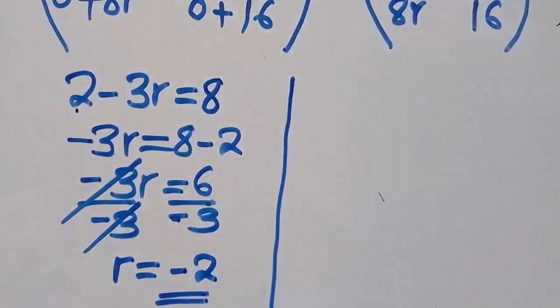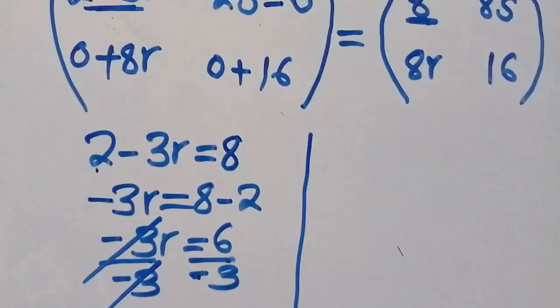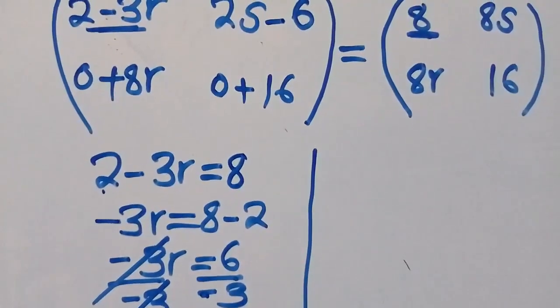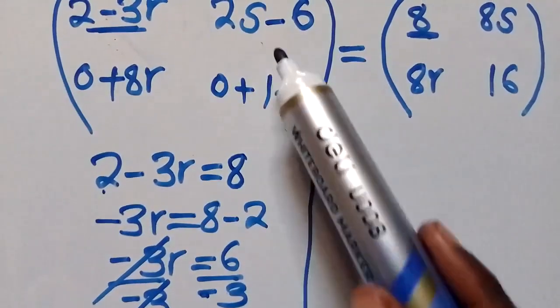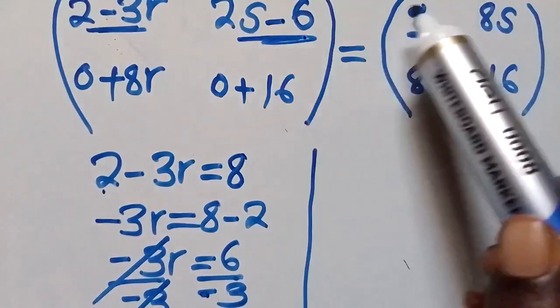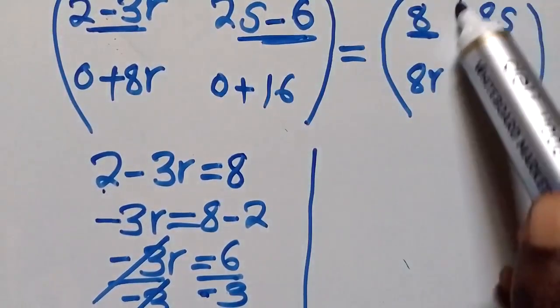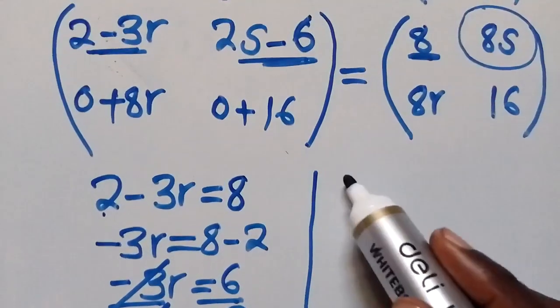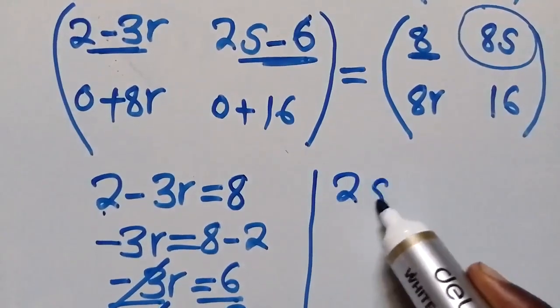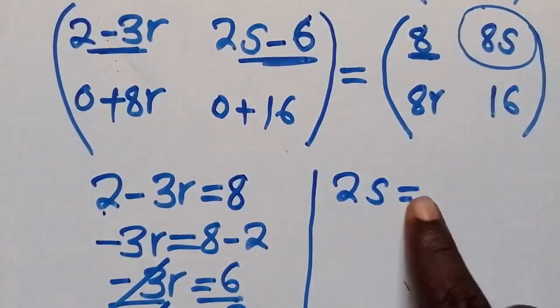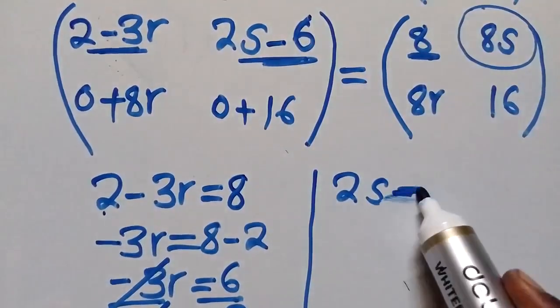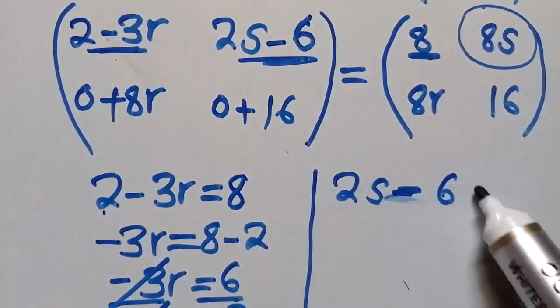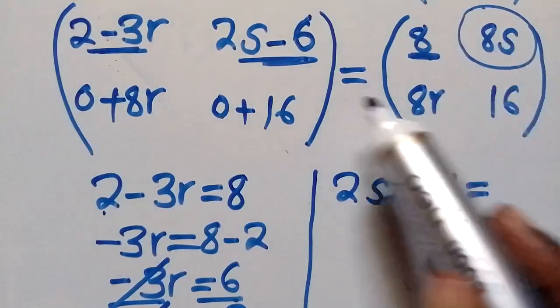I move to the value of s. Where am I going to find the value of s? The value of s, I can get this one and equate it to that other one which is there. Have you seen? So get this one. That is 2s minus 6 is equal to the second one.